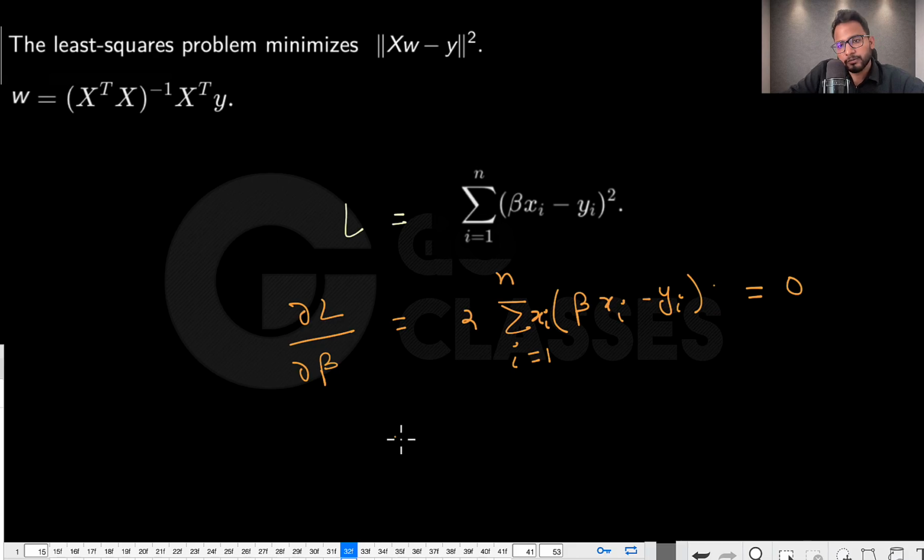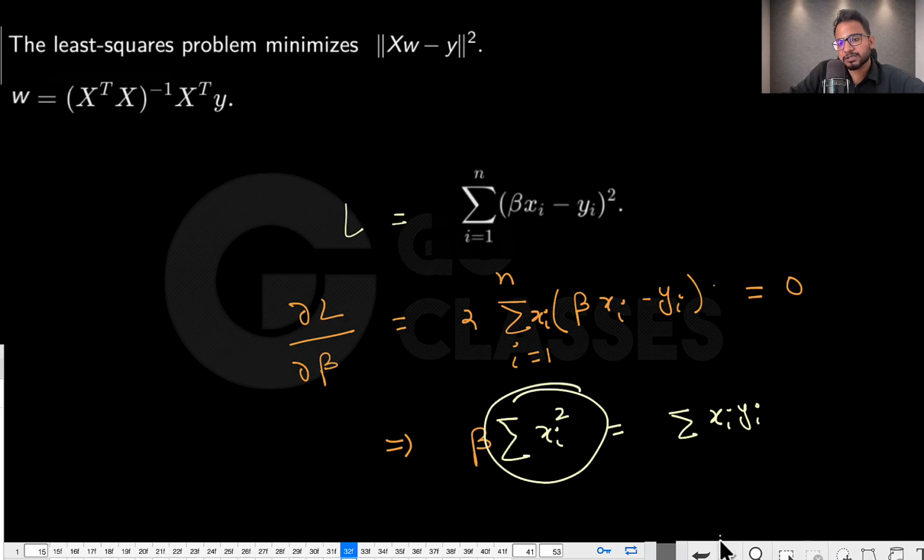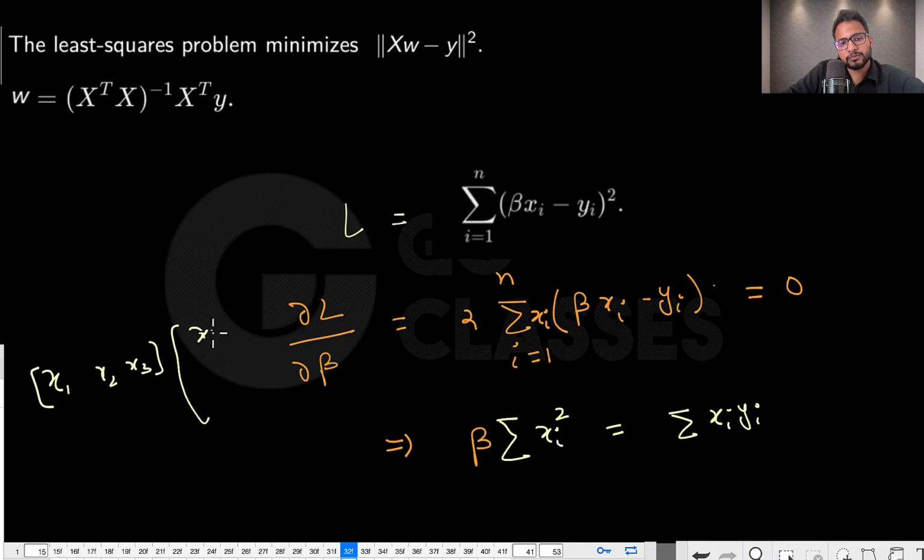So from here you will be getting beta times summation of xi square equal to summation of xi yi, right? Xi square summation means this is x transpose x. You can write it in vector form if you want, because this is x1, x2, x3 multiplied by x1, x2, x3.